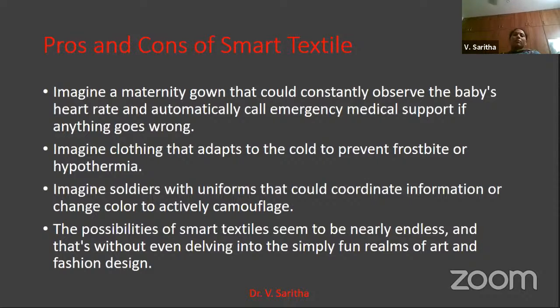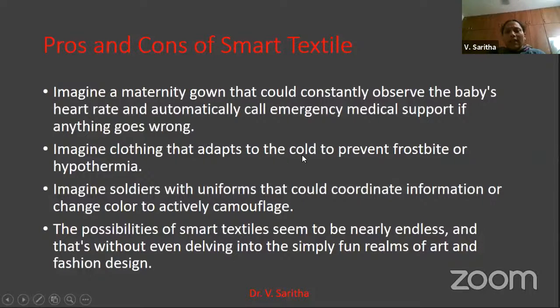And if any emergency arises, immediately the intimation will be given to the doctor and also to the individual, because individuals might not be aware of when they need to go to the hospital. In some cases it might be late in going to the hospital. That kind of thing can be avoided in this case.